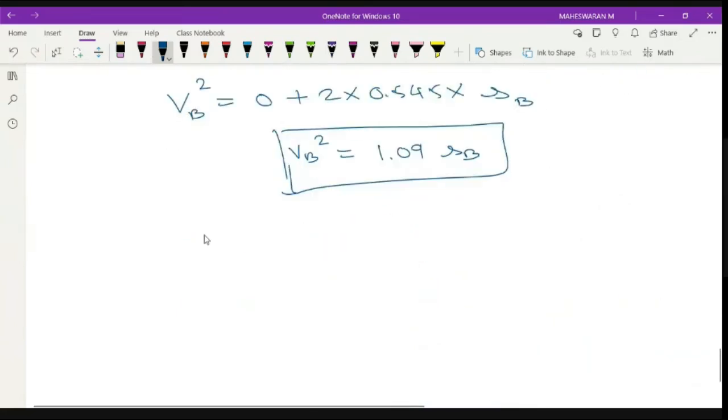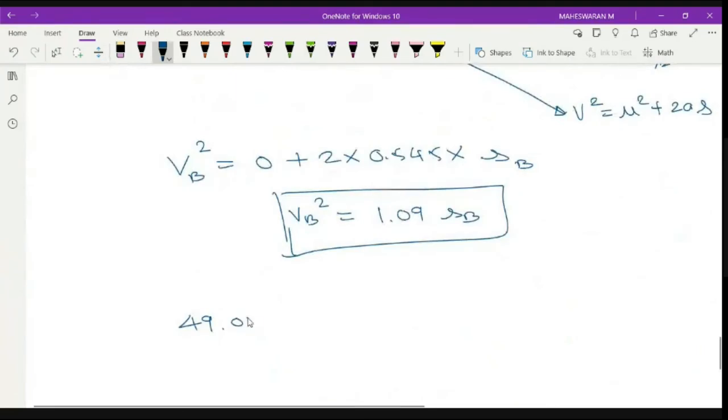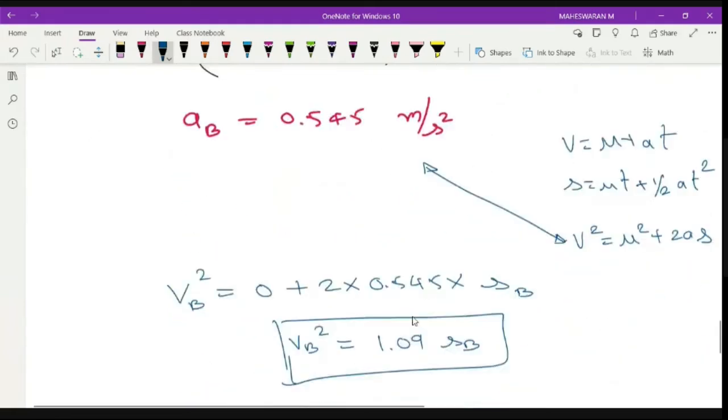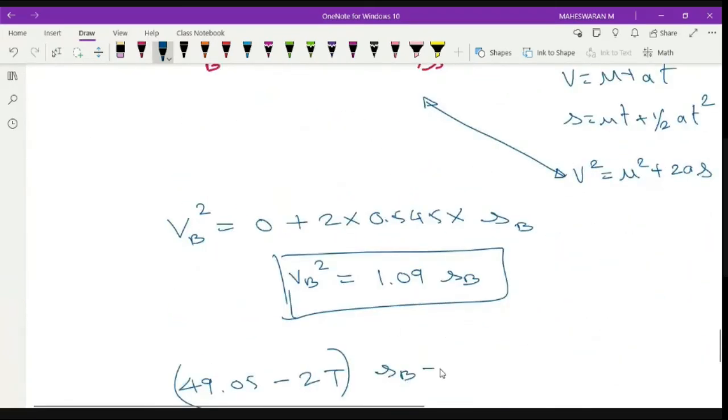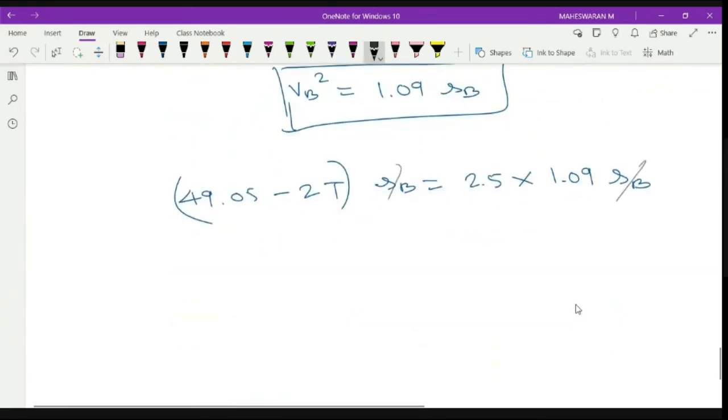So I'll get (49.05 minus 2t) into SB is equal to 2.5 into 1.09 SB. Your SB gets cancelled, so you can easily identify the value of T now. Afterwards, we can substitute to identify the mu value.